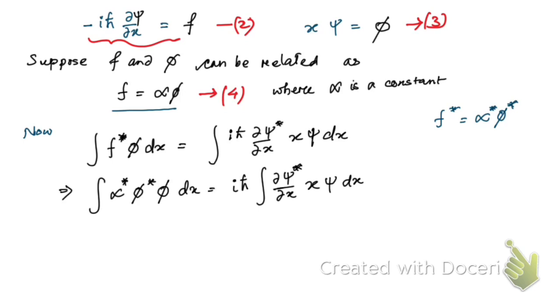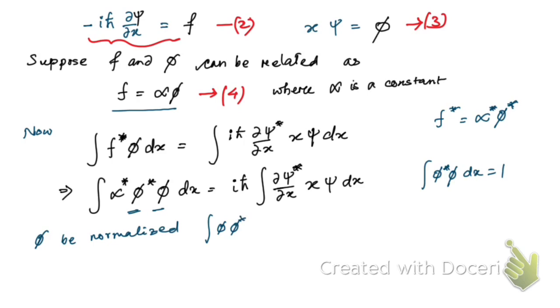Here, if we take phi to be normalized, the integral of phi and phi star dx must be equal to 1.